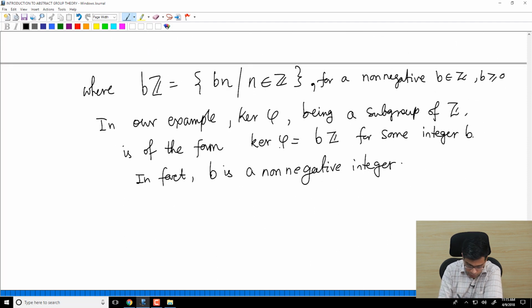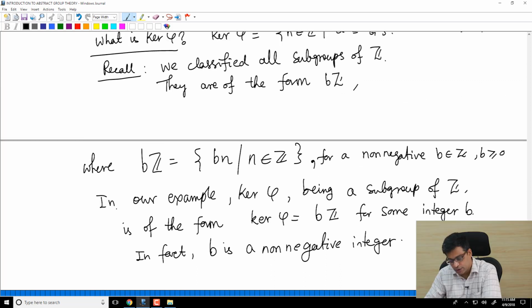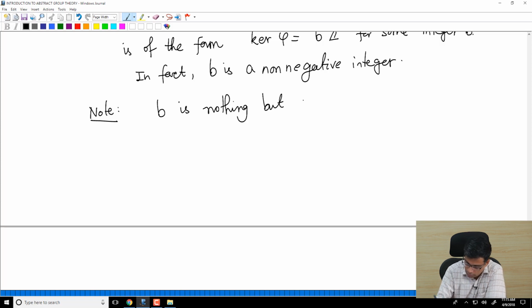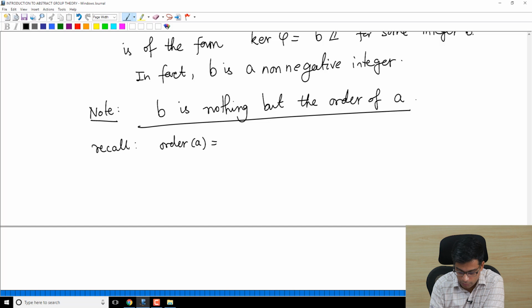Now this b is something that you are familiar with. As an exercise, note that b is nothing but the order of A. Recall from before, what is the order of A?